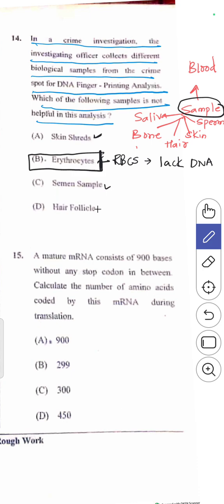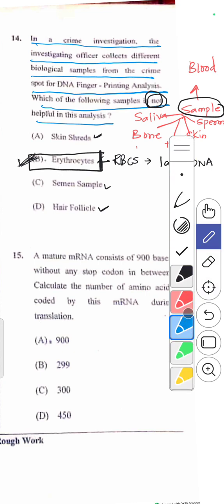Semen sample will be used. Hair follicle will also be used as a sample for DNA fingerprinting. So erythrocyte is the right answer for this question, because they asked which sample is not helpful in the analysis. So erythrocytes are not helpful in the analysis.